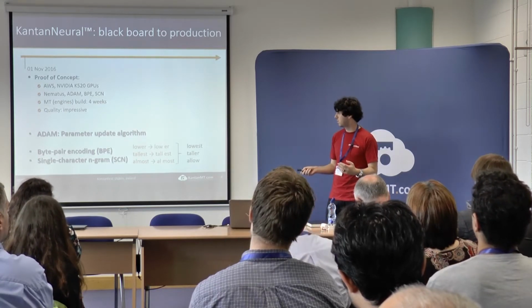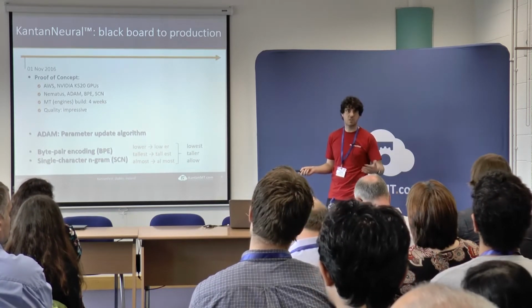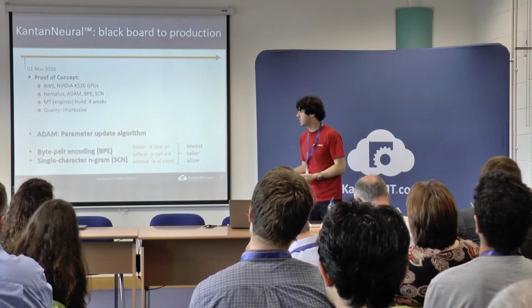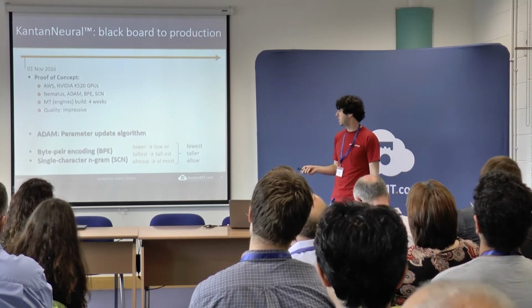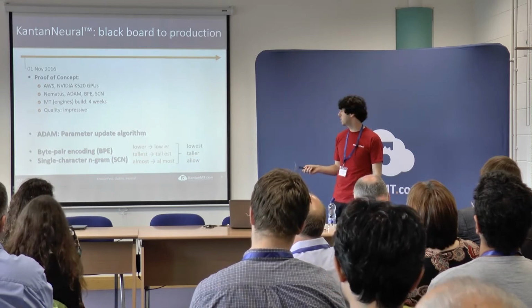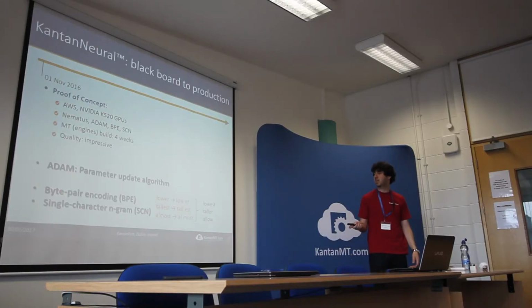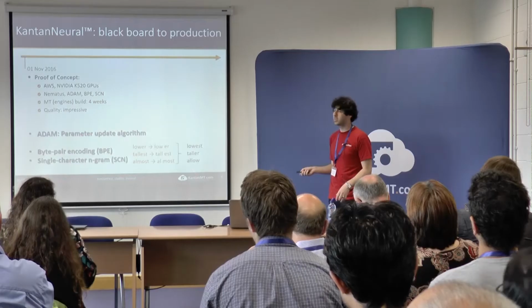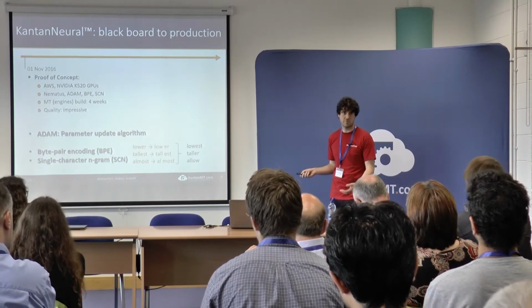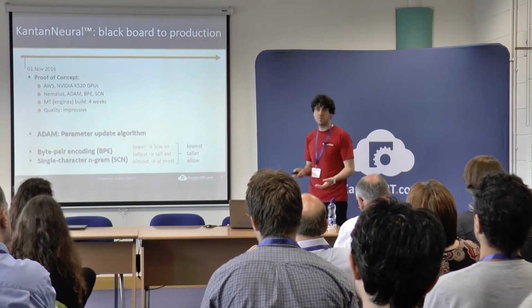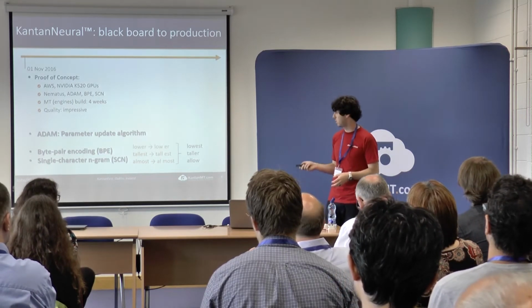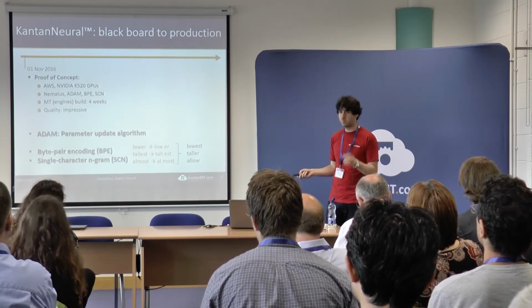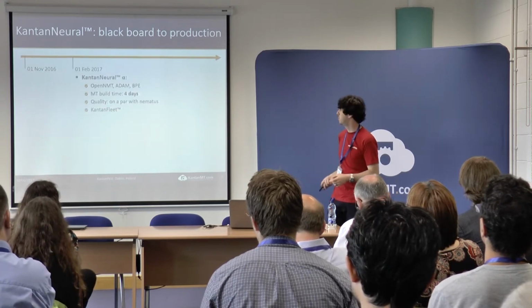So for languages like English, German, so all these single byte character languages, we are using BPE, byte pair encoding, which means that it will split the word in something like this. So lower it will cut into several parts, and then it will use these parts to generate later on different other words. For Chinese, Japanese, we use single character encoding, which means that we split on every character.